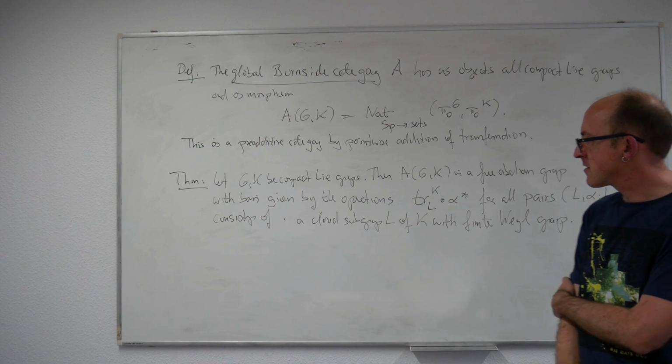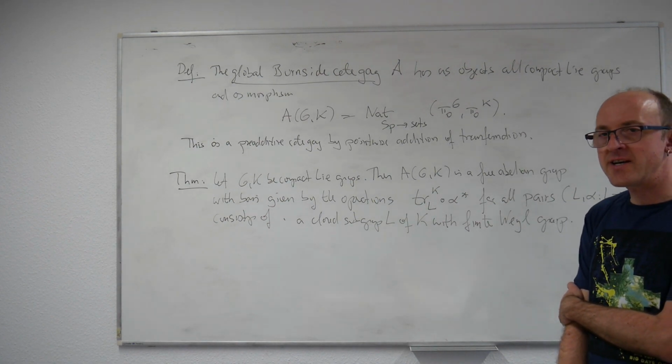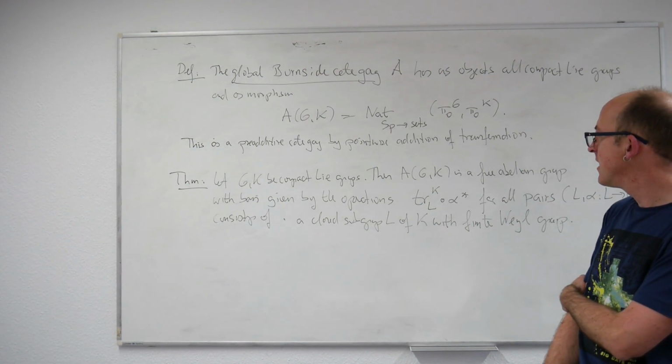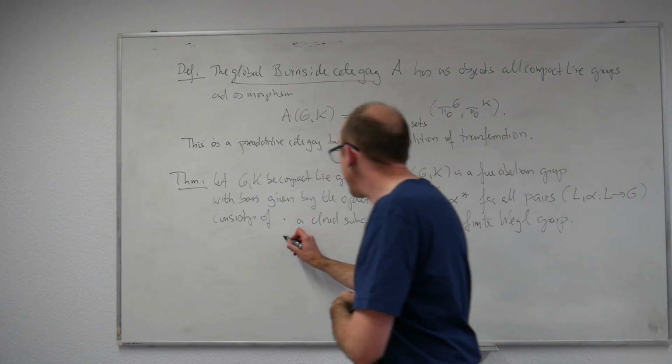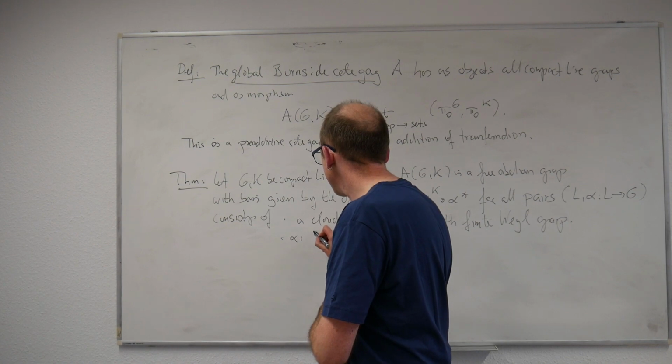So L is assumed to have finite index in its normalizer. The normalizer has the same dimension as L. Otherwise, this operation would be trivial and we wouldn't need it. And alpha is a continuous homomorphism from L to G.